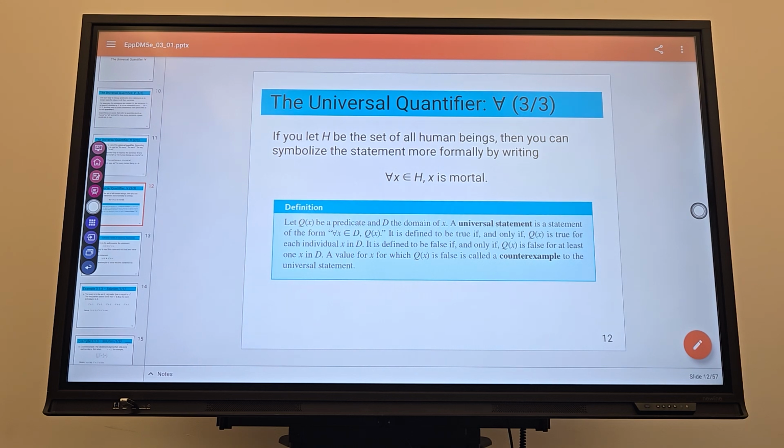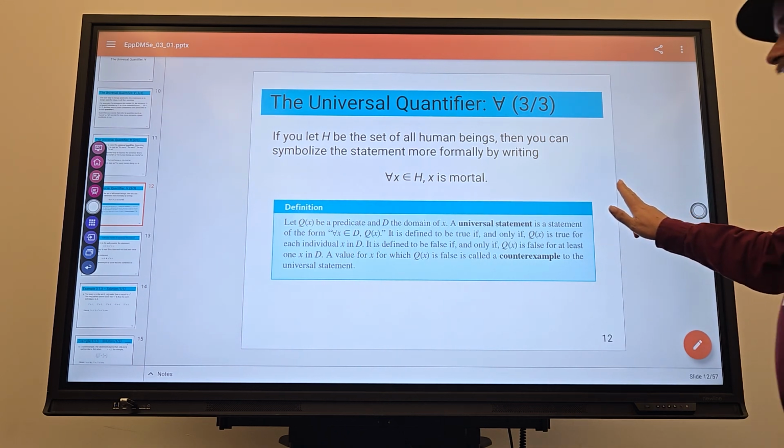It is defined to be true if and only if Q of x is true for each individual x in D. It is defined to be false if and only if Q of x is false for at least one x in D. A value for x for which Q of x is false is called a counterexample to the universal statement, which would make the statement false.